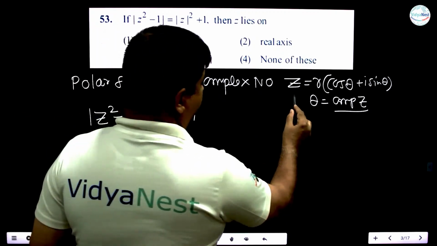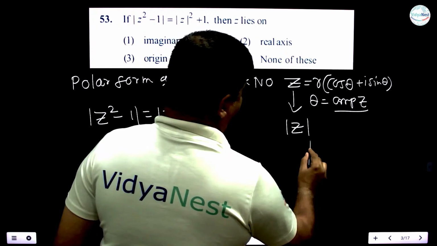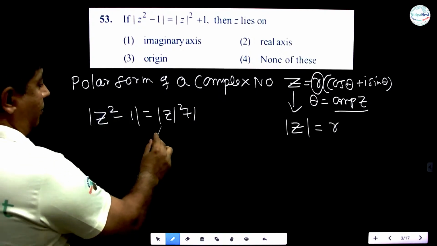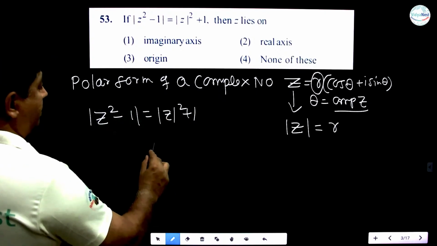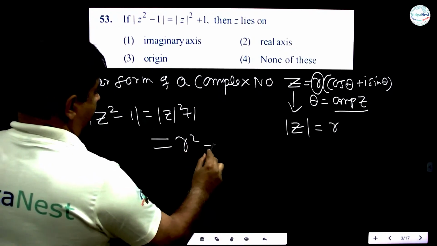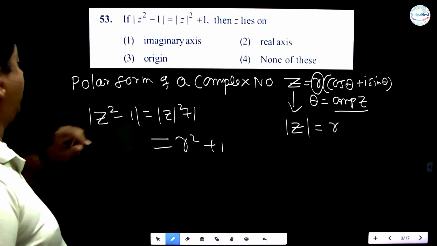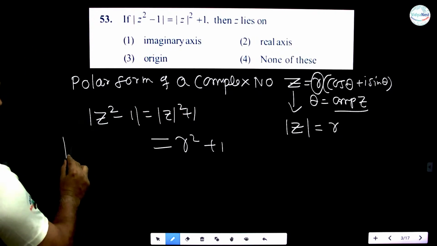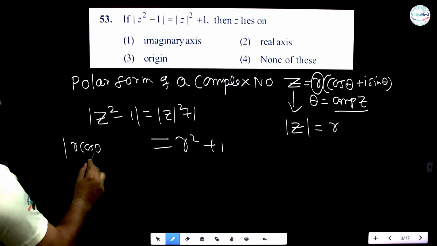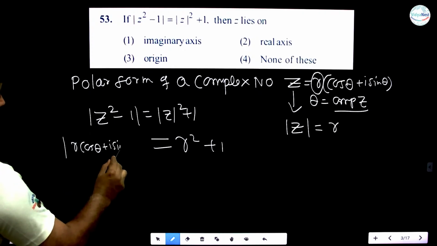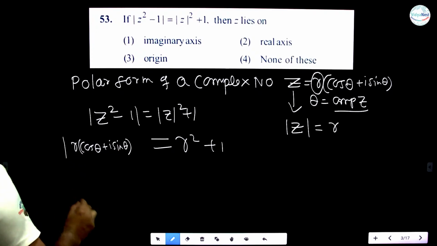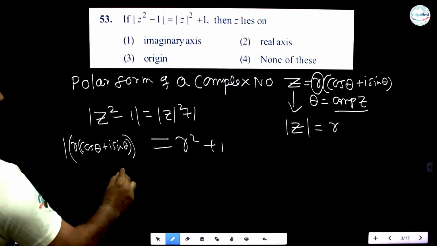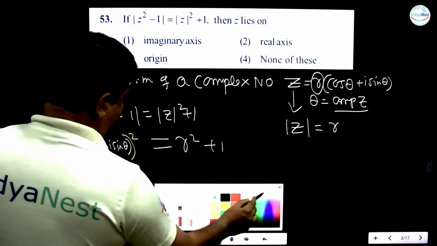From here, one thing I can get directly: mod z is what? That is r. So instead of mod z whole square, I can put r square. Instead of z square, I will put that value, r cos theta plus i sin theta, its whole square, minus 1.